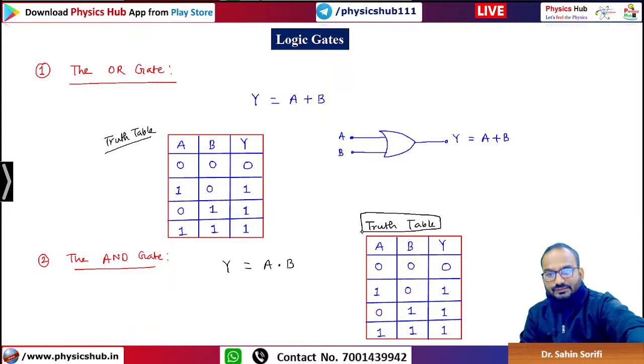What changes will we have? 0 into 0, that is 0, that is okay. 1 into 0 is 0, 0 into 1 is 0, and 1 into 1 is 1.